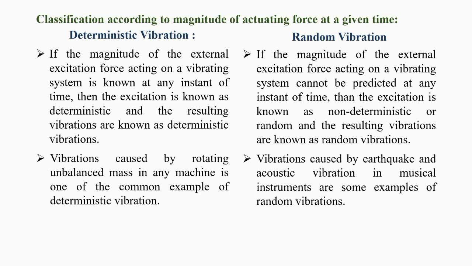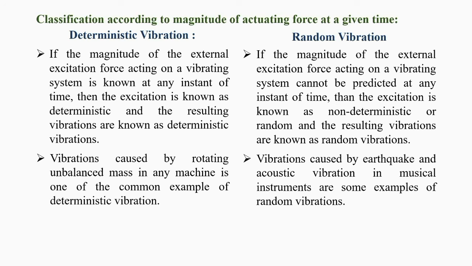For example, vibration caused by rotating unbalanced masses in a machine is one of the common examples of deterministic vibration, in which we know the particular frequency of the external excitation force. So it is deterministic vibration.